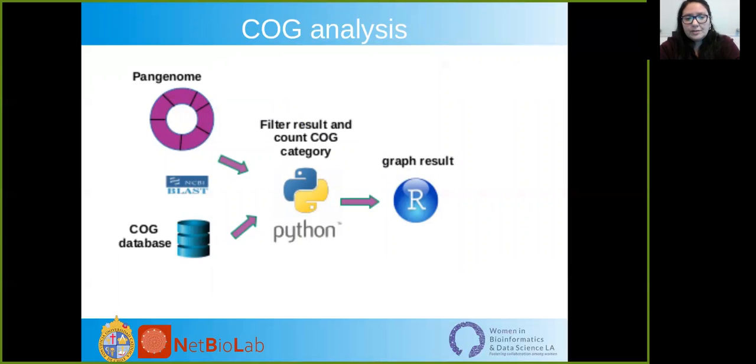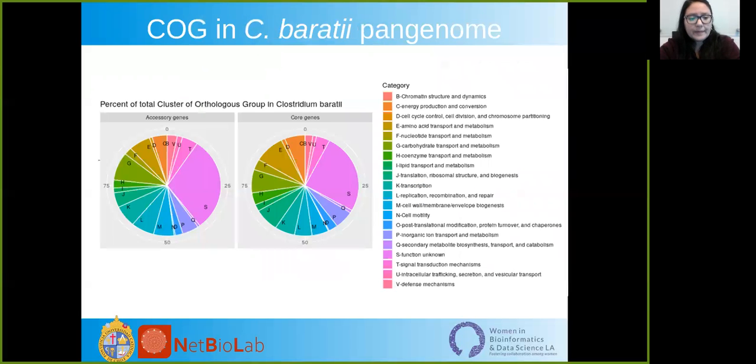With the information of the pangenome, we did a cluster of orthologous groups analysis, and we found that in the accessory genes we have more categories associated with replication, recombination, and repair, the L category, which suggests the genomes have variation in their repair mechanisms and adaptation to stress.